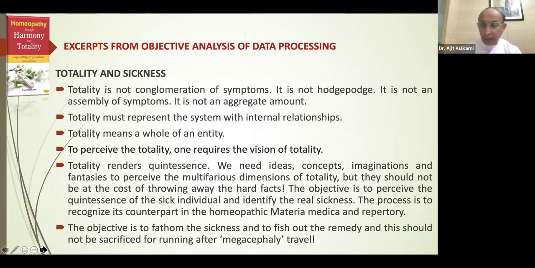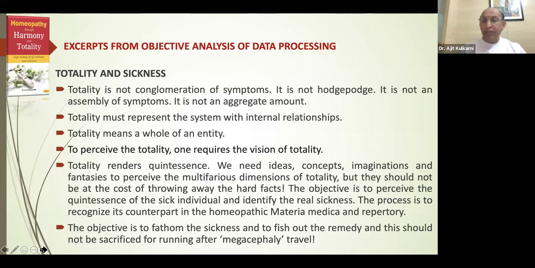But how these 10 members live with each other defines the home concept, defines the living concept. In the same way, totality doesn't mean only the quantity. To perceive the totality, one requires the vision of totality.